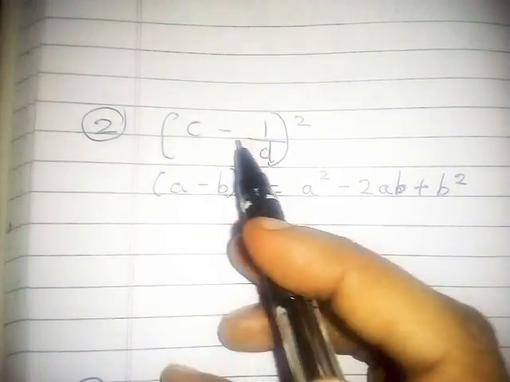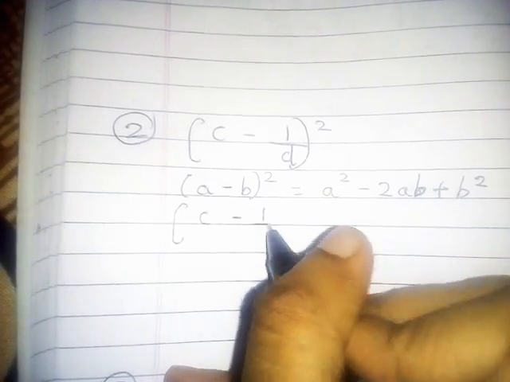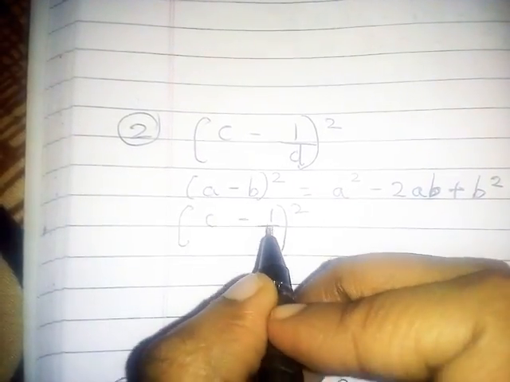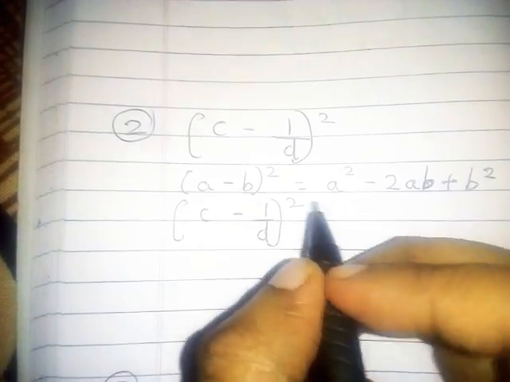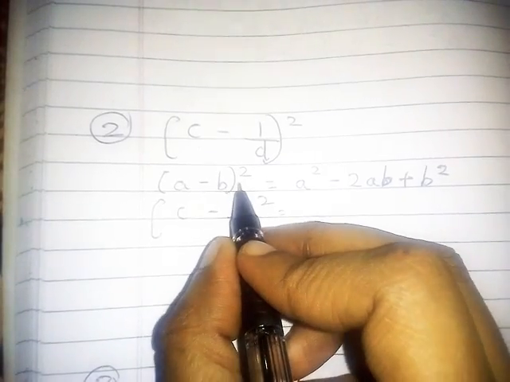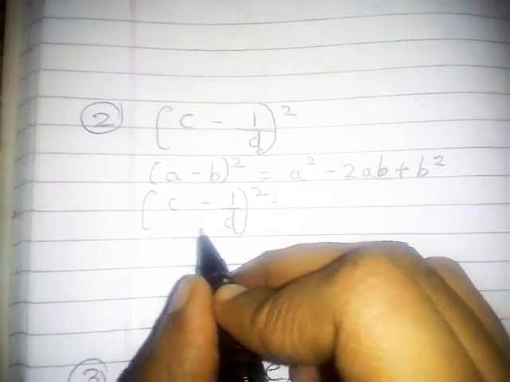So the question: write it again. (c − 1/d) the whole square. C is in a's place and 1/d is in b's place. So you have to substitute by using the formula of (a − b)². You have to write in this form for this question.